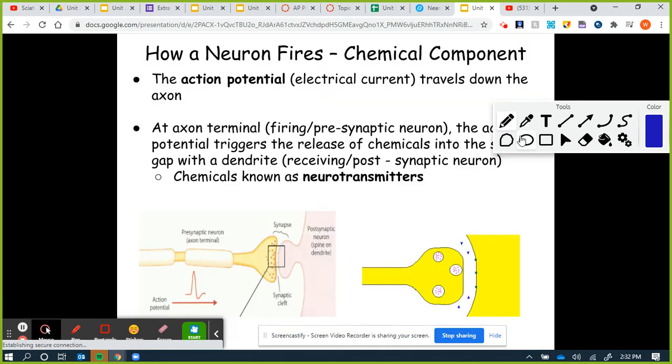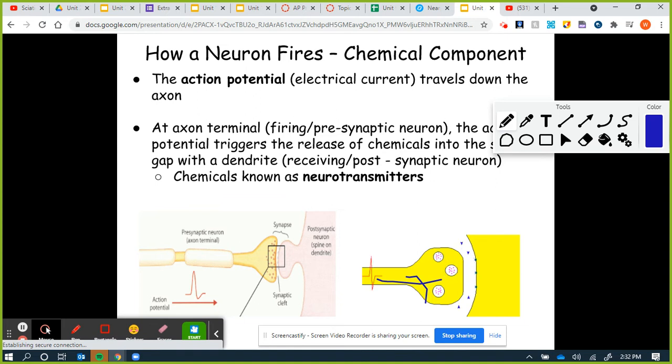All right, so when there is that action potential, that's the electrical component right there. Now we're going to talk about the chemical component. When there is an action potential, that electrical current travels down the length of the axon to the axon terminals. Do we have to know all these numbers? Probably not. Just know polarization.